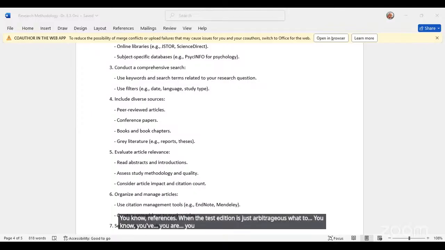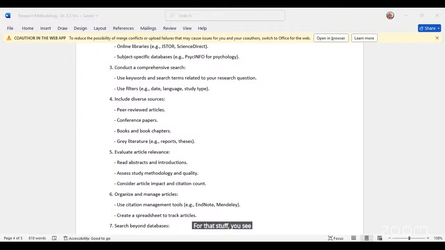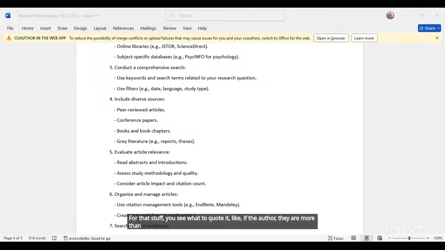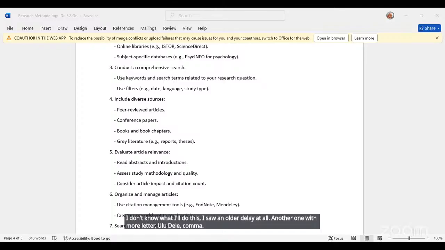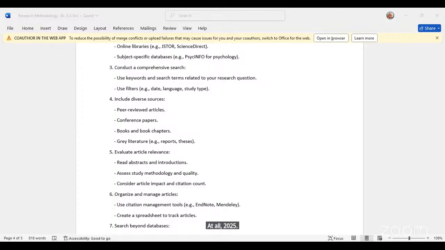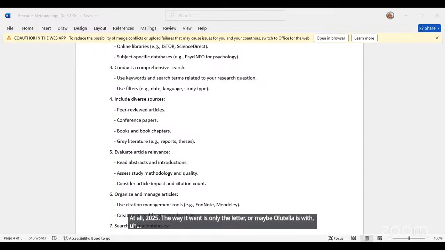For example, if the authors are more than three, you say, Oludele et al., 2025: Oludele with a capital letter, then a comma, et al., 2025. But in the main references, let me use students' names.